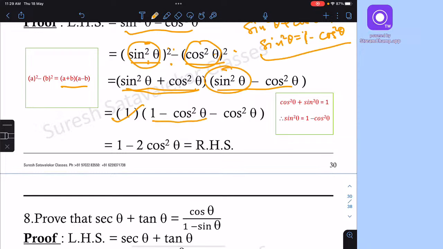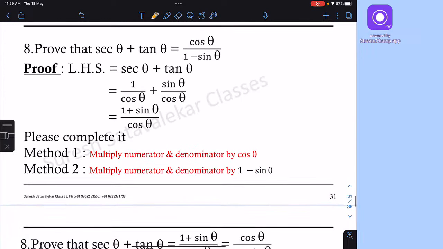This is 1 minus cos square theta, and this minus cos square theta as it is. Here I have used that sin square theta plus cos square theta is equal to 1, and also for this sin square theta I have used 1 minus cos square theta. So the same identity has been used in two places. Now here 1 multiplied by anything, you want, so this is to be ignored. 1 minus cos square theta minus cos square theta is 1 minus 2 cos square theta, that is RHS.